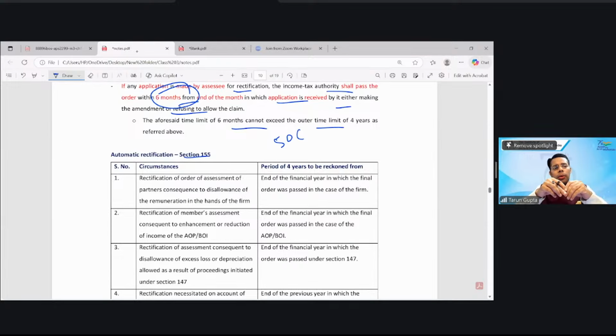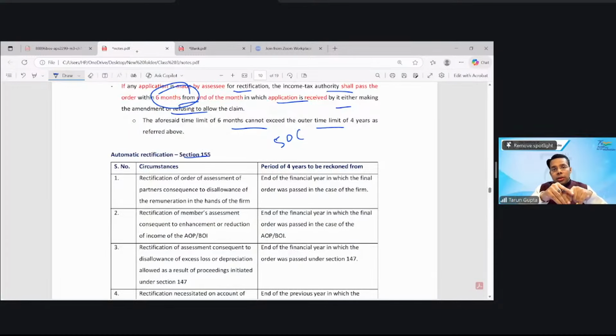Now, what's the stamp duty value? It is the value on which the assessee has paid the stamp duty to the state government. And it might be a case that the assessee might have challenged the stamp duty value before the state government, and subsequently, the state government may have agreed that the stamp duty value was only 80 lakh.